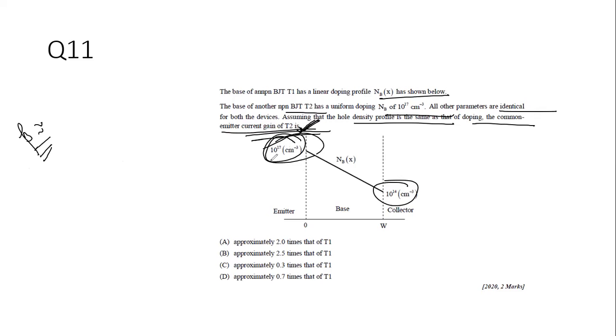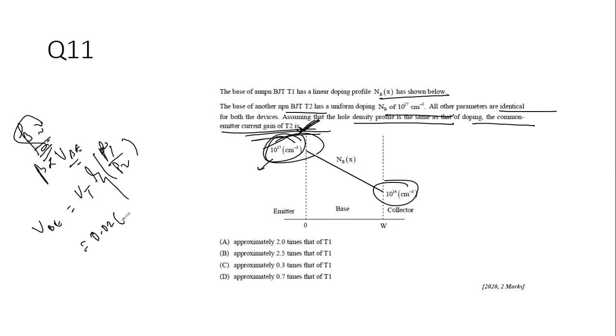This is your Na, and this is N2. So you can write that beta is directly proportional to VB, and this VB potential is equal to VT ln of P1 upon P2. Just solve it: 0.026 ln of 10 to the power 17 upon 10 to the power 14. This is 1000.